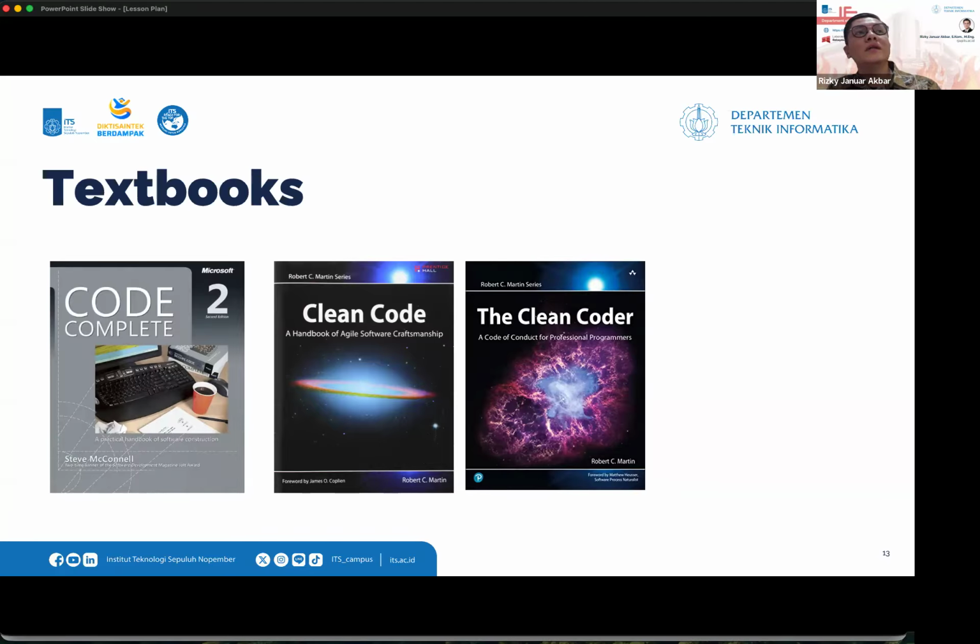And then Robert C. Martin specifically talks also about clean code: clean naming, clean conditionals, clean classes in this book. And he also has another book about clean code, but in the socio-technical aspect, which is The Clean Coder.